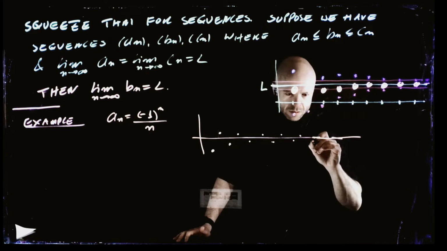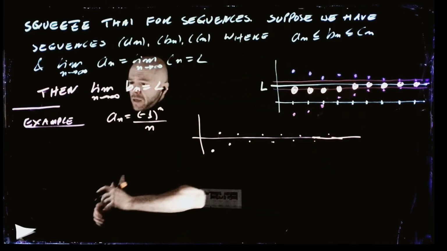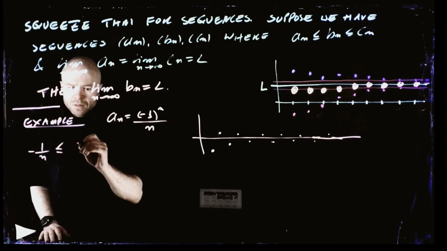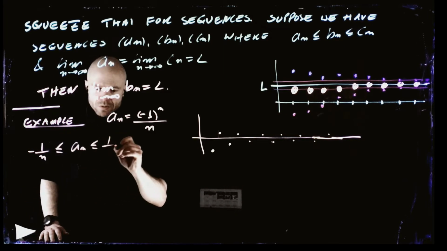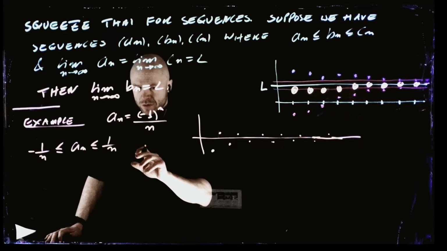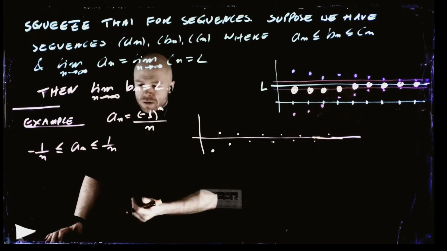We know that this is trapped between the sequence minus 1 over n and the sequence 1 over n. And both of these sequences, we for sure know, tend to 0.